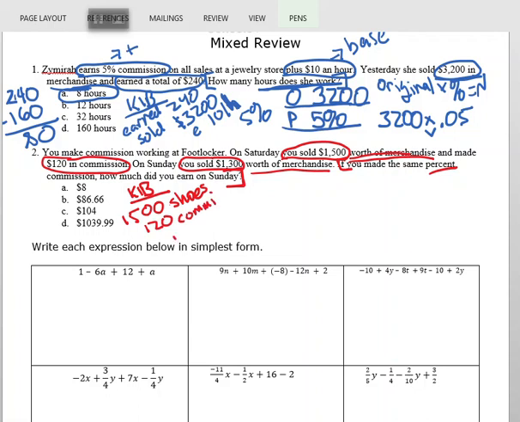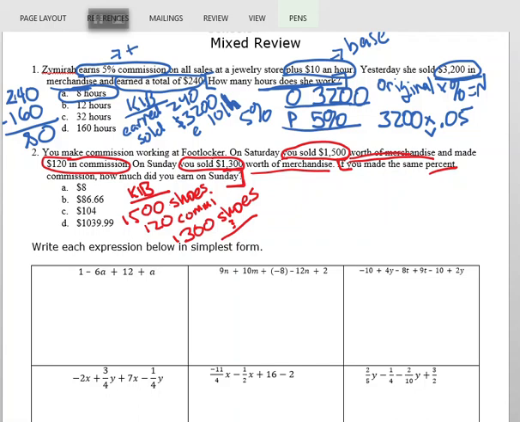And the next day I sold $1,300 worth of shoes, and I'm looking for the commission that I made here. So the information that I do not have is the percent commission. Ideally, I would just be able to plug in the percent commission to that $1,300 to get my answer, but I can't. So I need to work from my $1,500 of merchandise and my $120 commission.